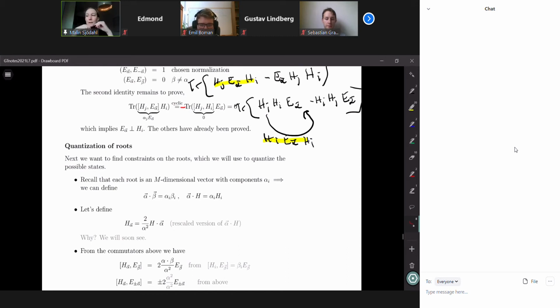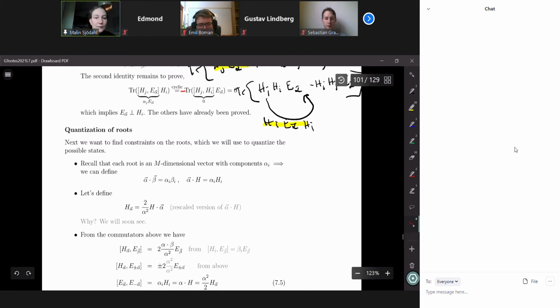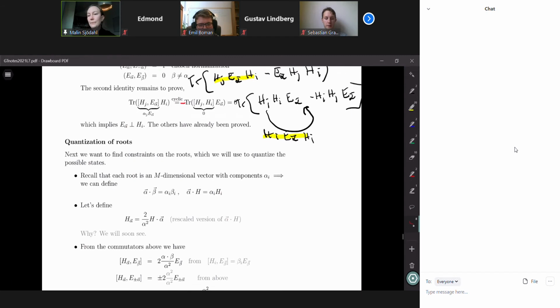So in general, for a two-dimensional algebra, we have some sort of point lattice of possible states. There are possible weights to the Cartan generators, and we will find that there's only a certain fairly small number of possibilities.